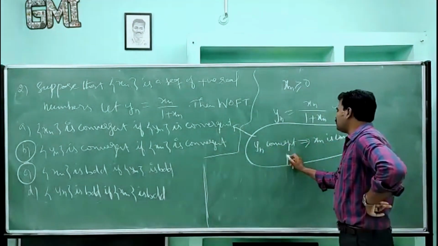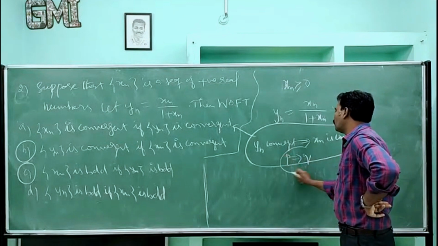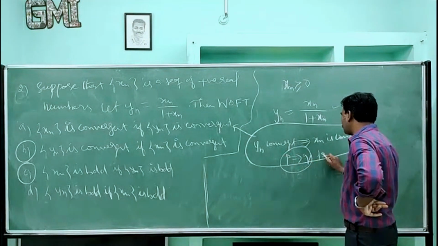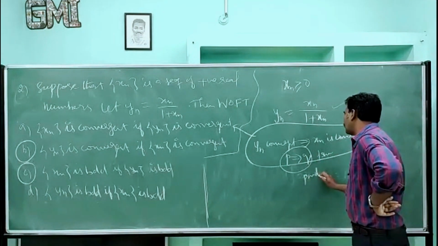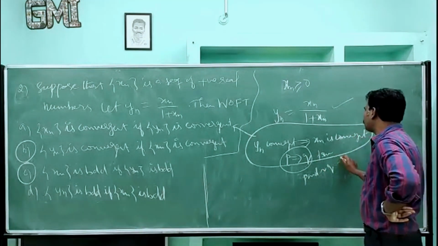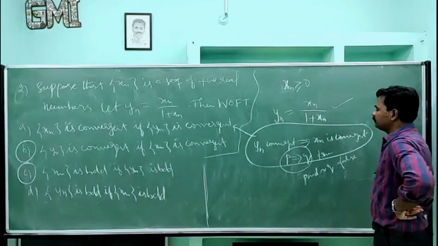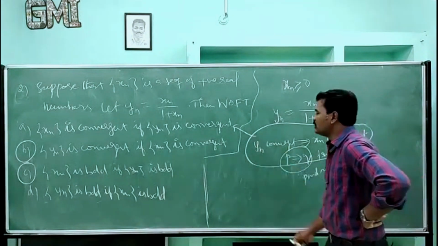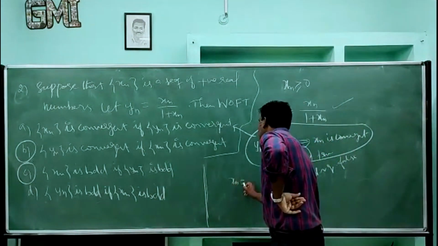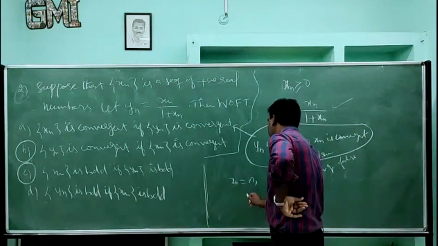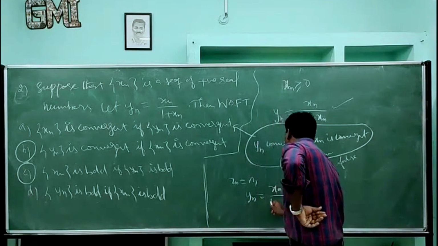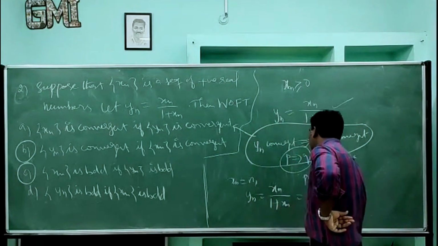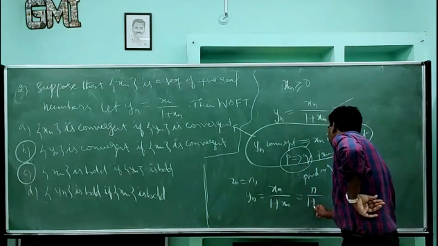So actually, P implies Q is a supposed true statement. What is the negation of the statement? P and negation of Q. This is a false statement. Now I choose xn equal to n, and yn we already defined as xn by 1 plus xn, which is n by 1 plus n.